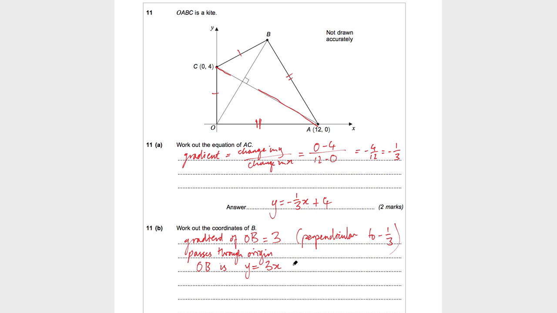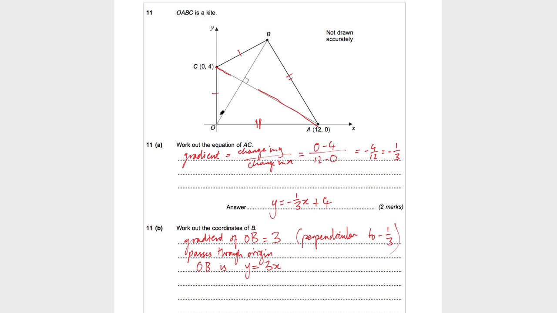Y equals 3x. If I find the coordinates of this by finding where these two lines cross, there may be a quicker way to do this, but at the moment this is what I'm thinking. Find where these two lines cross and then the extension of that line up there.